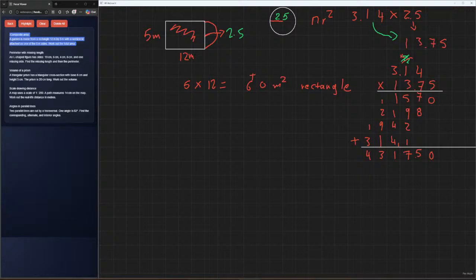So it's like 43.175. So for this one should be this one, hopefully. Now we need to add this and this together to get the total area, if I'm right.